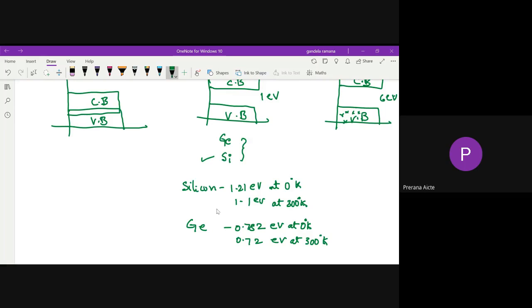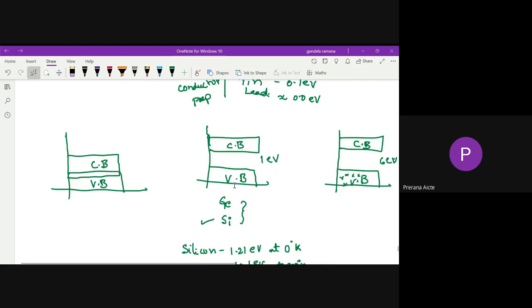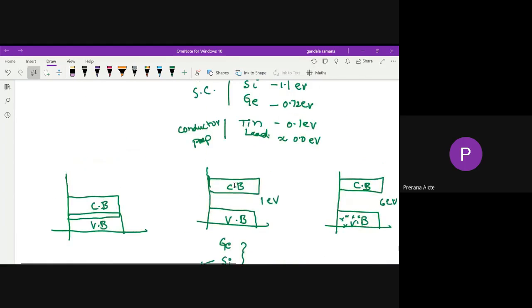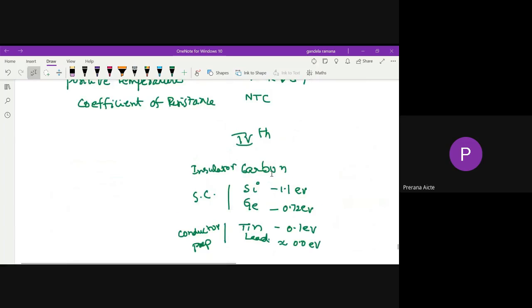Now carbon. Carbon is available in different forms. In the form of diamond, it acts as an insulator.